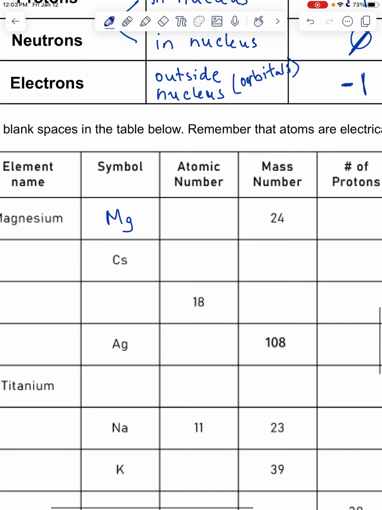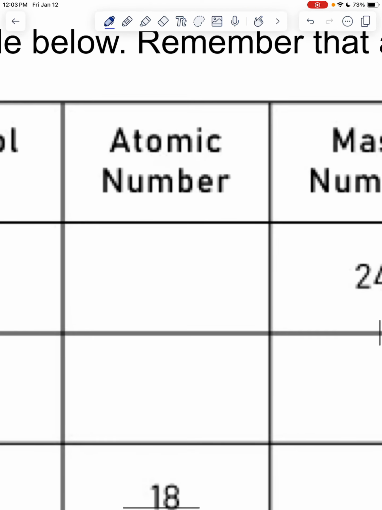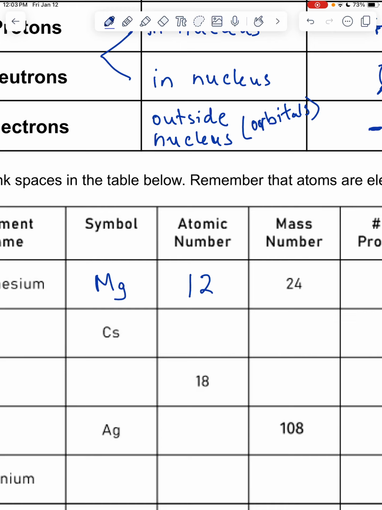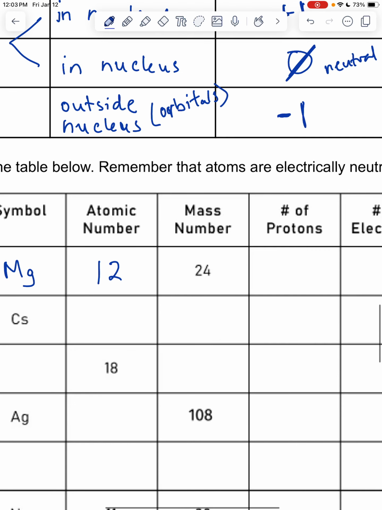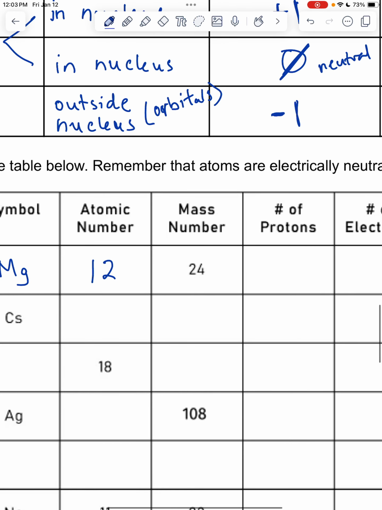So we look through, and the atomic number, and we talked about this in the notes, is actually the big bold number at the top of that box. The cool part about this is that the atomic number and the protons are the same.